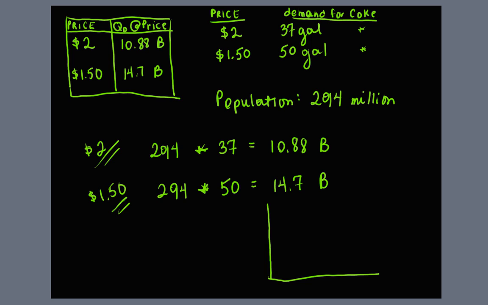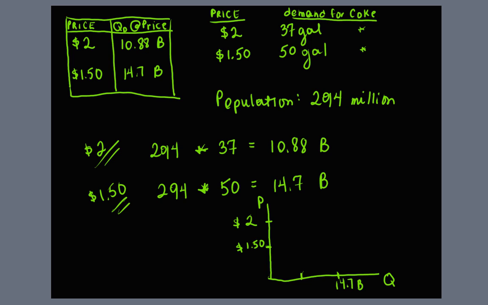And we would consider that at the price of $1.50 per gallon of a soft drink, we have a demand of exactly 14.7 billion gallons, given this problem. And then when the price goes up to $2, the population is going to demand 10.88 billion gallons of soft drinks.